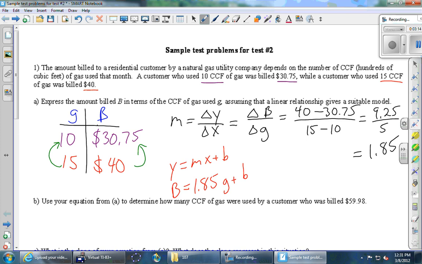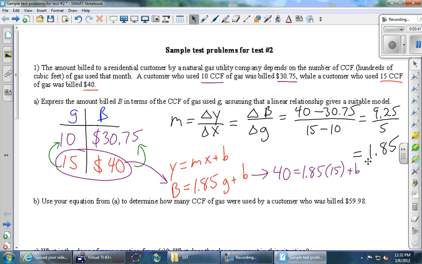And if we wanted to find the value of the lowercase b, all we need to do is plug in one of the points. For example, we could plug in 15 and 40 for the G and the B. So let's do that over here. Instead of B in that row, we have 40 equals 1.85 times, and then G is 15, and then plus some unknown little b.